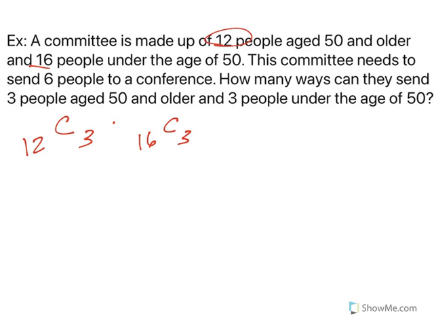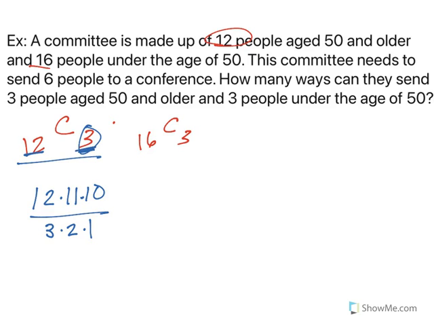So I'm going to use my shortcut way. For 12C3, that means I'm going to do 12 times 11 times 10, just 3 numbers, and I'm going to divide by 3 times 2 times 1. So remember, I start with 12 in the numerator, 3 numbers, 12, 11, 10, and then I divide by the 3 factorial. On the right side, I start with 16, think factorial, but just 3 numbers, divided by, again, 3 times 2 times 1.